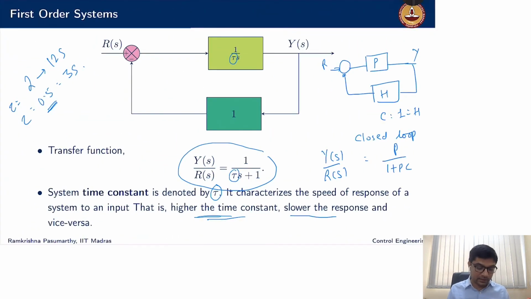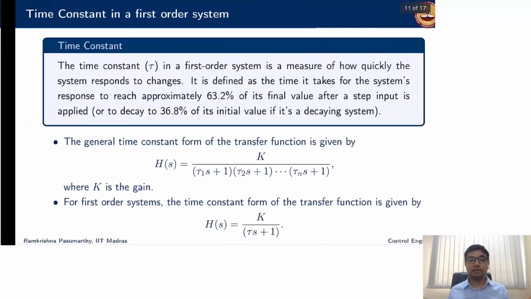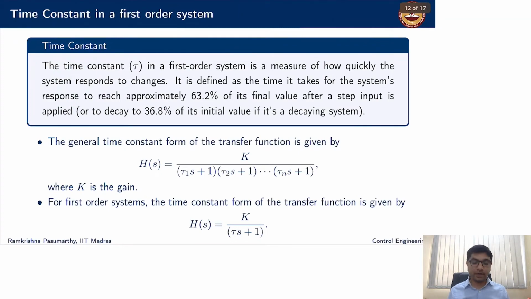We are interested in how different systems have different taus, and therefore how tau decides how fast or how slow the system response is. It is defined as the time it takes for the system response to reach 63.2% of its final value for a step input, or decay to 36.8% of its initial value if it's a decaying system. This is the natural response. And this is the forced response, where the forcing comes from a unit step input.